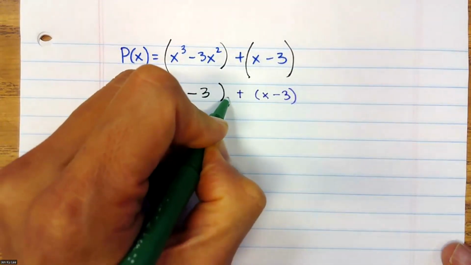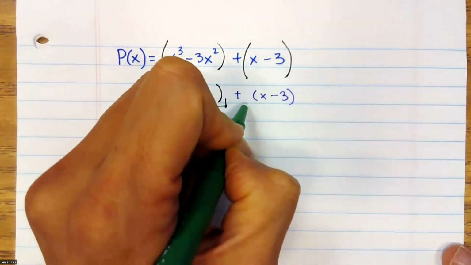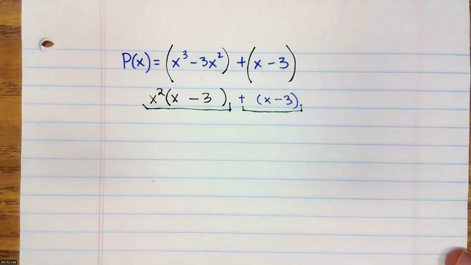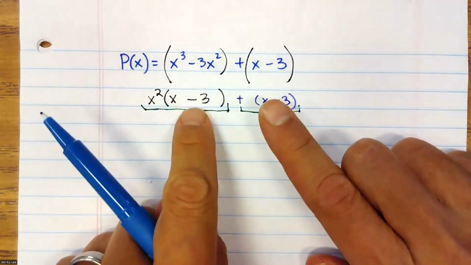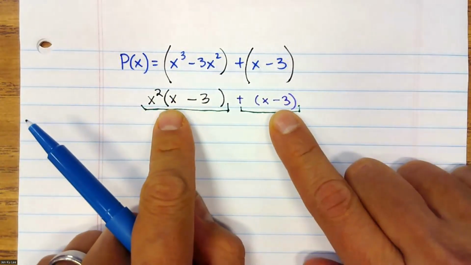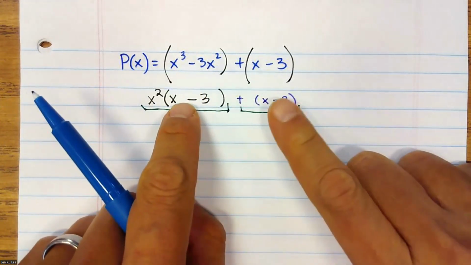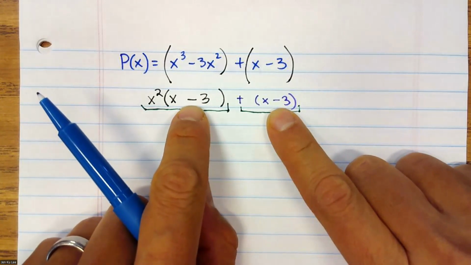Now I'm going to treat this as one term and treat this guy as the other term, right? Now, if I treat these two as separate terms, what's in common between this term here and this term here? The x minus 3, correct?